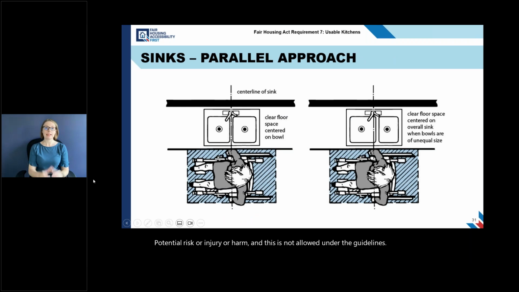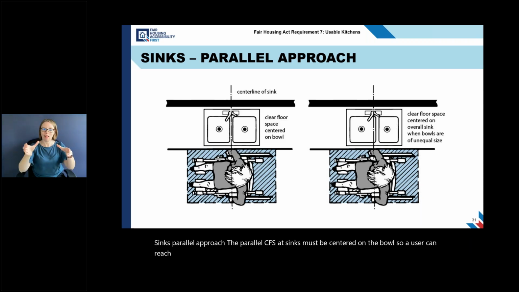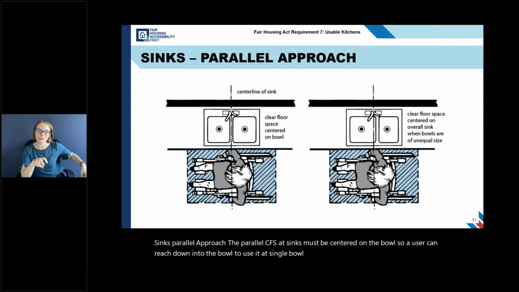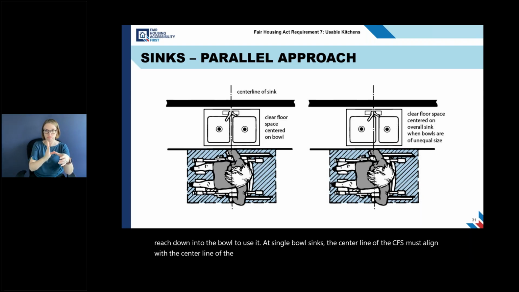Sinks. Parallel approach. The parallel CFS at sinks must be centered on the bowl so a user can reach down into the bowl to use it. At single bowl sinks, the center line of the CFS must align with the center line of the bowl.